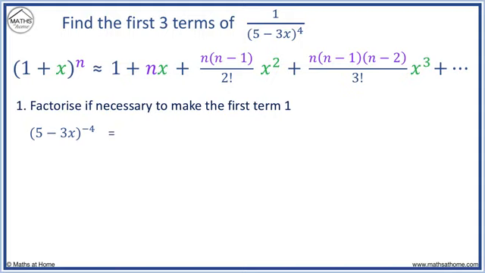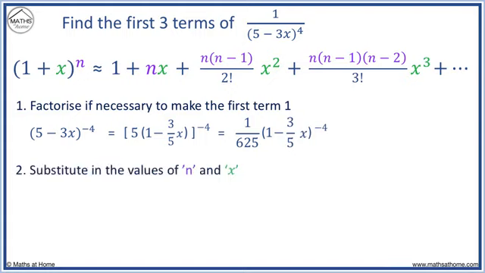We need to factorise the 5 out to make the first term equal 1. Dividing the brackets by 5, 5 divided by 5 equals 1, and 3x divided by 5 becomes 3/5 x. We need to remember to raise 5 to the power of -4 to get 1/625. We can keep 1 minus 3/5 x as the first term is 1.